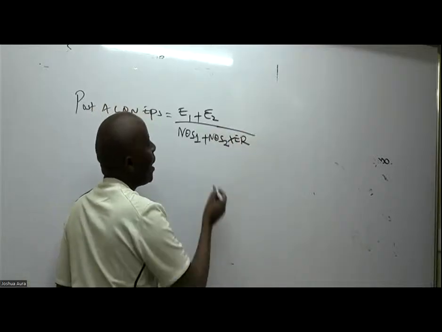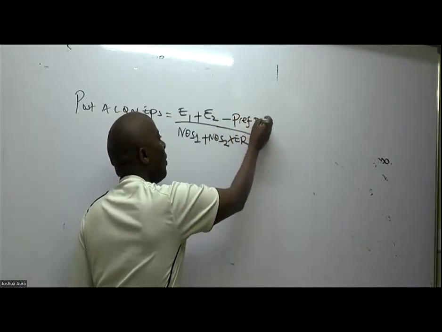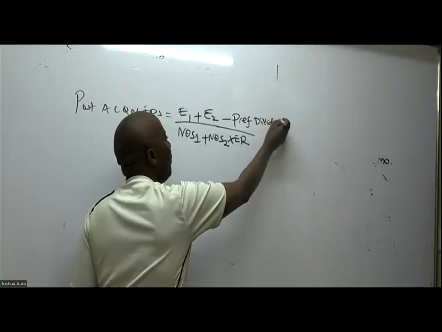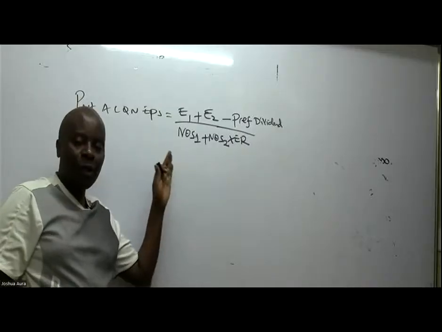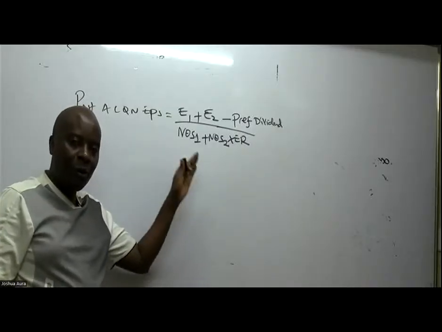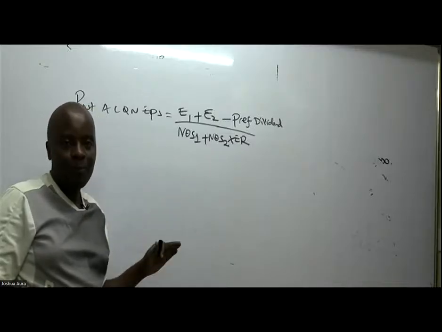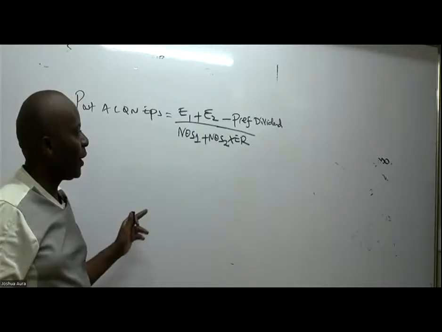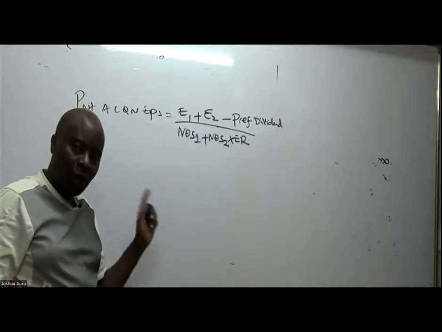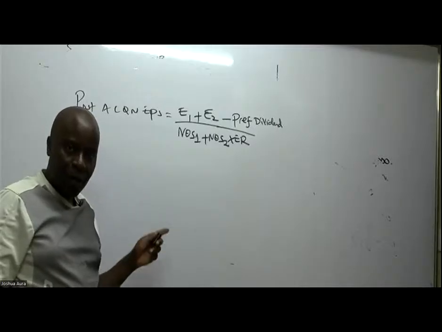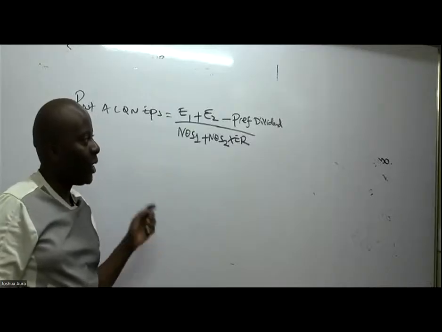But now there is something here: you need to first of all pay preference dividends before you decide to distribute the profits attributable to ordinary shareholders out. So whenever they talk of preference share capital, this is how my formula will be looking like. Very important for you to know that we must introduce the preference dividends up there.